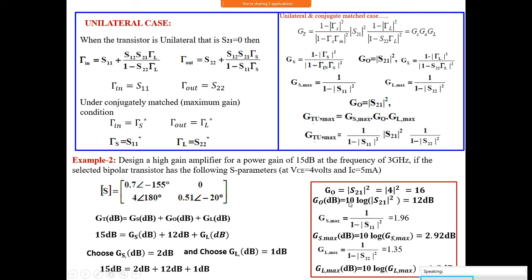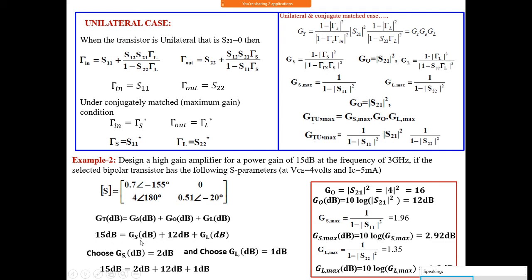G naught in dB is 10 log of this, that is 12 dB. So I get 12 dB here. But they are asking us to design for 15 dB. So the remaining 3 dB must come from here and here. This should give a gain of 3 dB in total, and totally we should get 15 dB here.